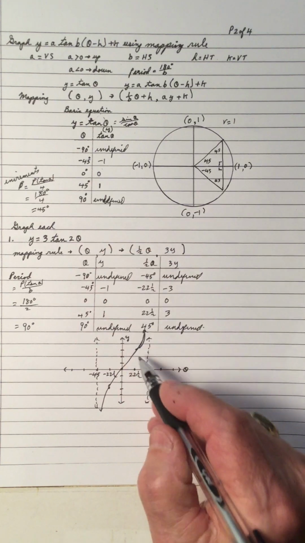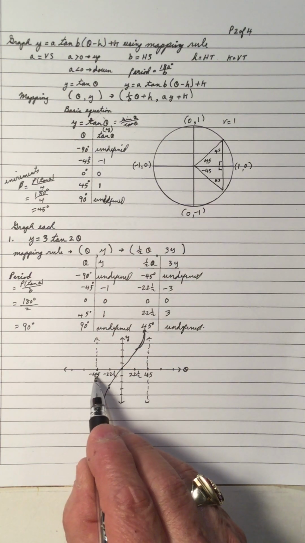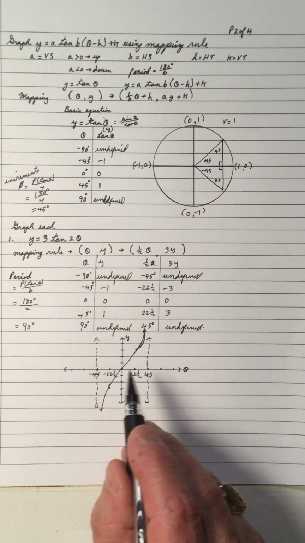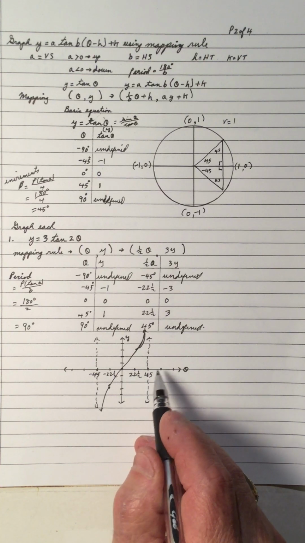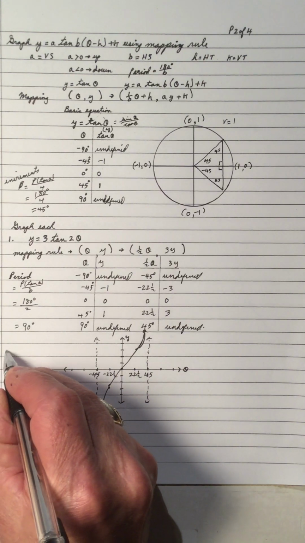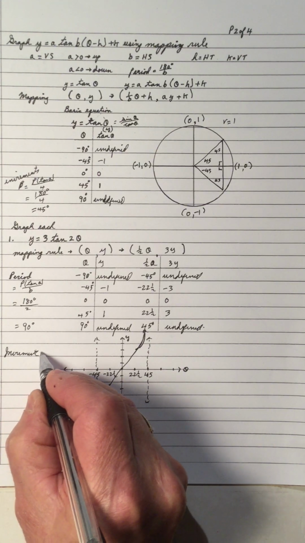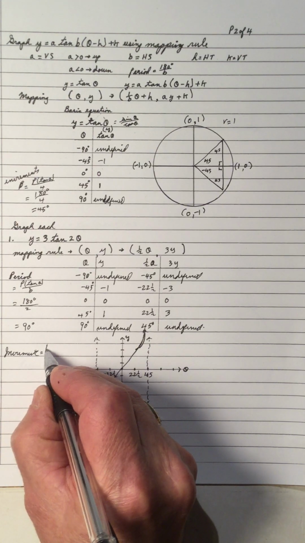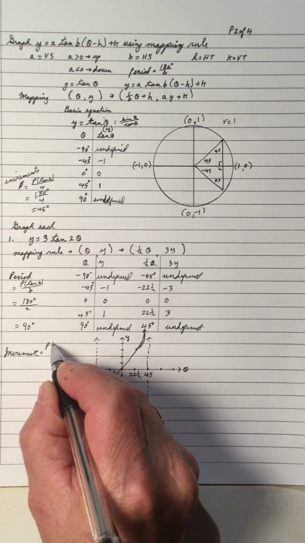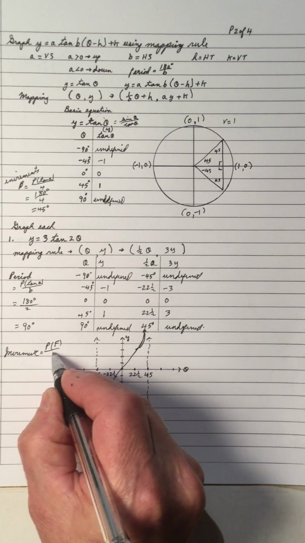So now, instead of negative 90 to 90, we have negative 45 to 45. And the increment changes. The increment changes is the period of the function. I'm going to write f for function divided by 4.